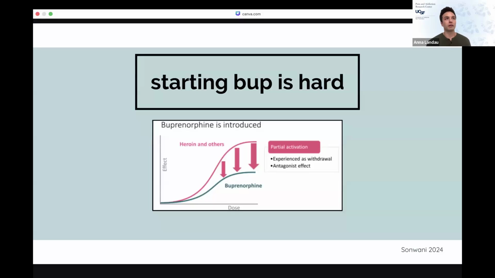As opposed to just entering withdrawal when somebody ceases using opioids, which is a gradual process where they start to feel worse and worse as time goes on, this one, you just very abruptly go through this syndrome and are just feeling horrible pretty quickly after you take your dose of bup.